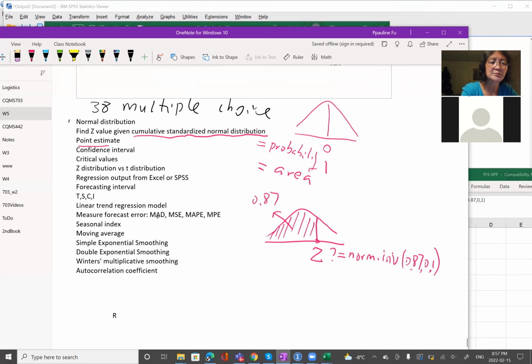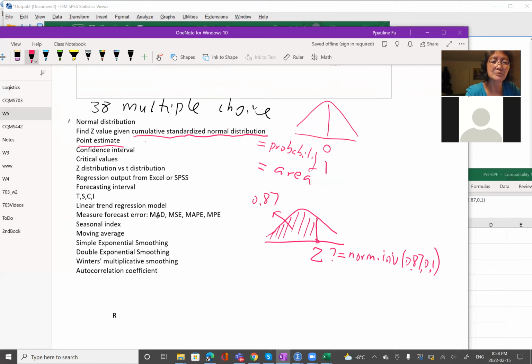The point estimate. When you estimate a population parameter, for example, you estimate the population mean, but you only have the sample data. What do you do? You use the sample average to estimate the population average.